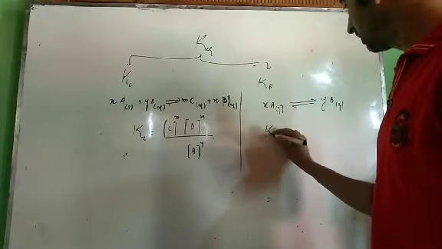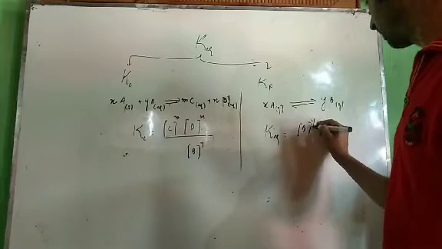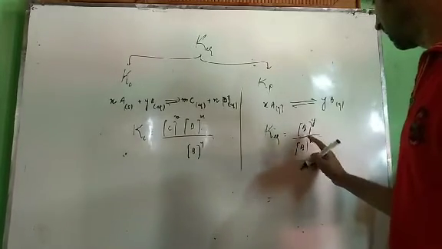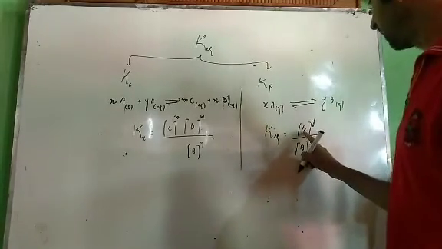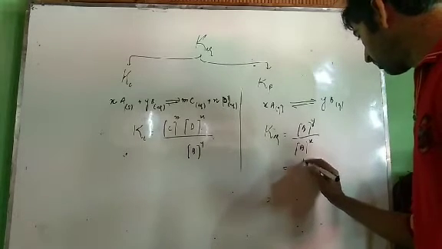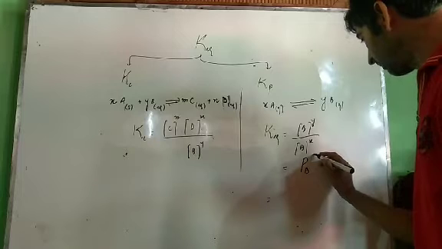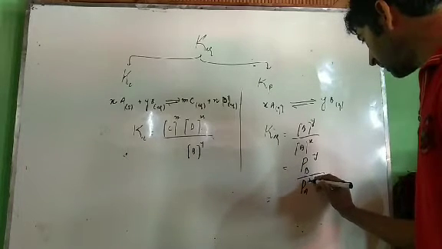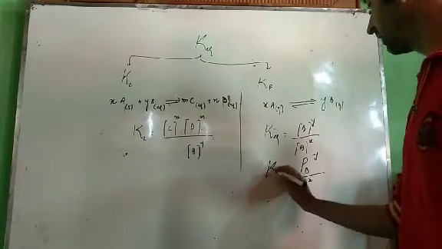We would write K equilibrium equal to the concentration of B raised to the power Y divided by the concentration of A raised to the power X. Now see, both are in the gaseous state. Therefore, in the case of gases, we deal with partial pressures. So we will write the pressure of B raised to the power Y divided by the pressure of A raised to the power X.